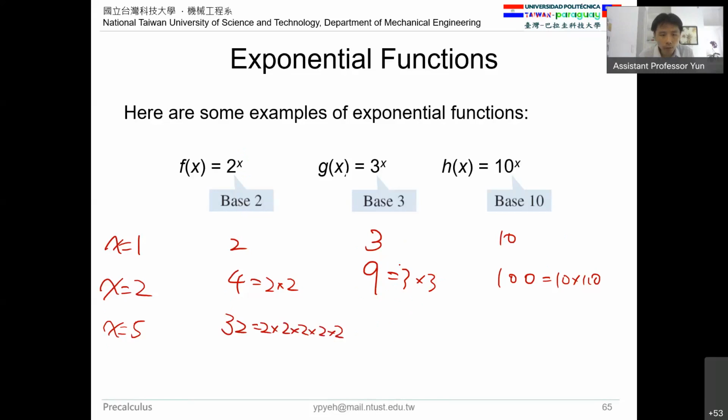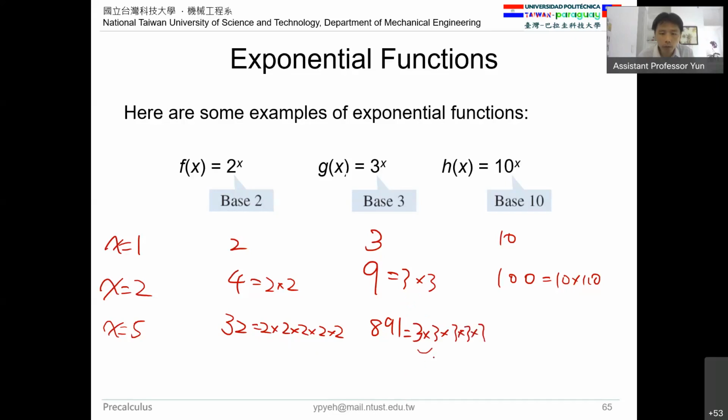And then for 3 to the power of x, let me check this one. Assuming that is correct, there are 3 times 3 times 3 times 3 times 3.